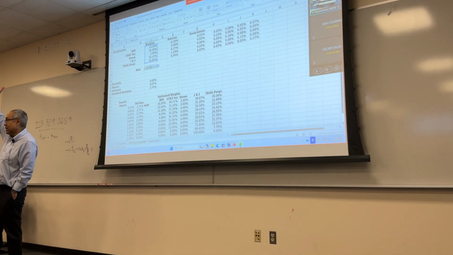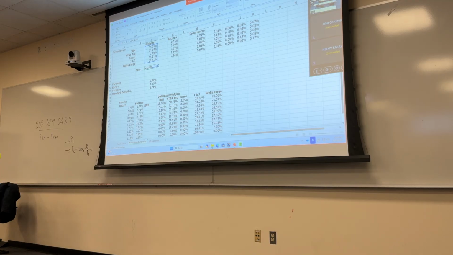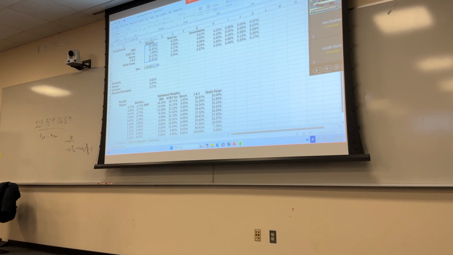Once you're done with it, let me know. Let's wait some more. So put 20% for each one of the stocks. Manually, yes. Later on, the machine will calculate it for us, but initially the initial values would be manually input.